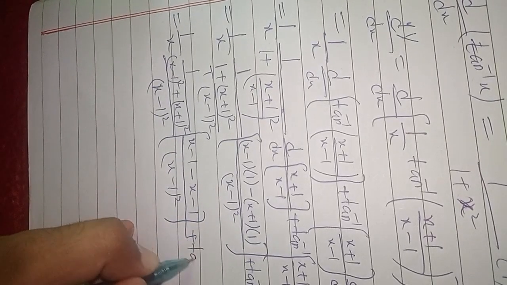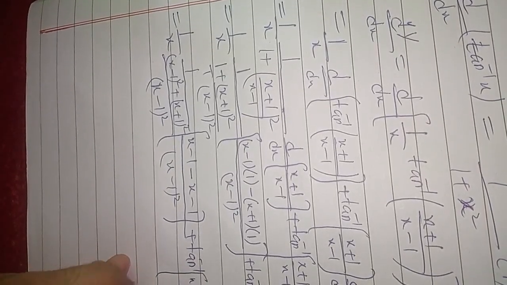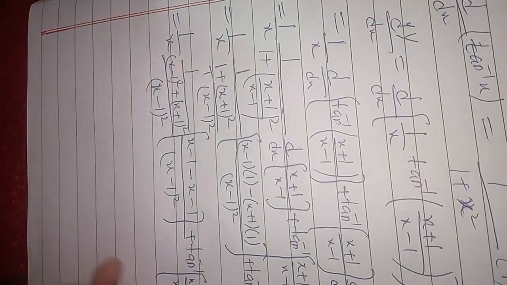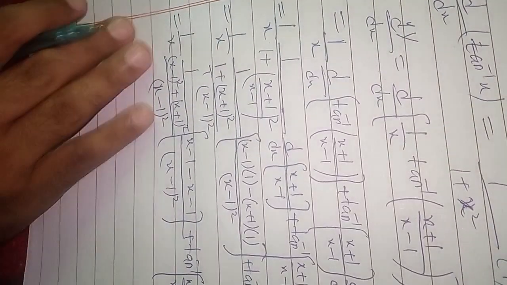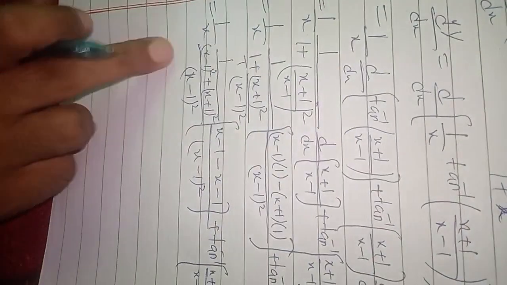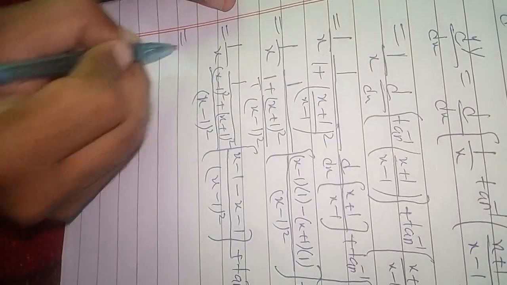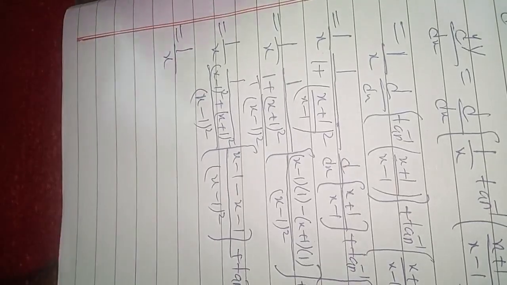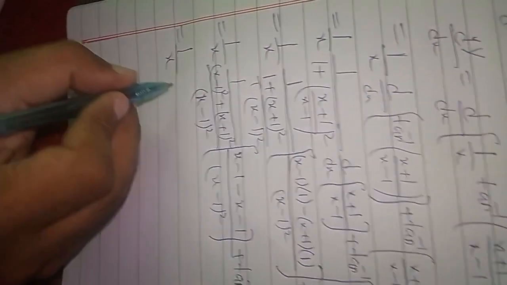The signs are changed. Now plus tangent inverse x plus 1 over x minus 1, and we will simplify minus 1 over x with it. So now let's come again on the right hand side of the answer. Here we are going to simplify again.